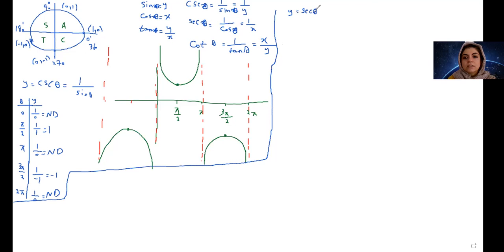For secant theta, secant is 1 over cosine, 1 over the x component. I put again, so here is 0, pi over 2, pi, 3 pi over 2, 2 pi.